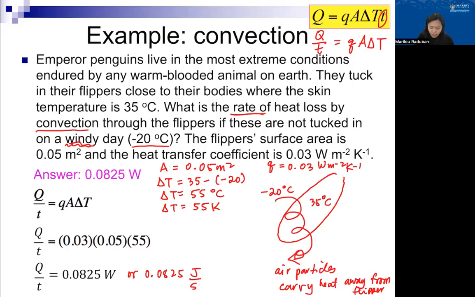Yeah, and keywords like the movement of fluids around the object give you a clue that it's heat transfer by convection. Or if we give you the heat transfer coefficient for convection, then that's also a clue that it's heat transfer by convection. So picking out clues from the problem will give you an idea of whether it's heat transfer by convection or conduction, or whether we want you to consider both.